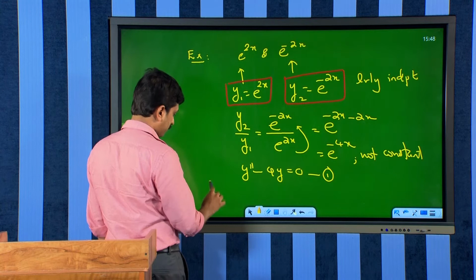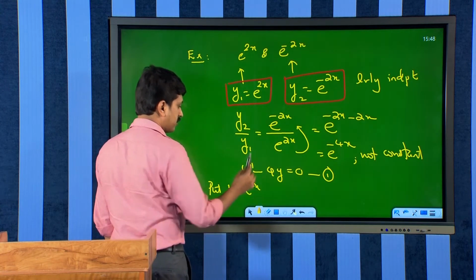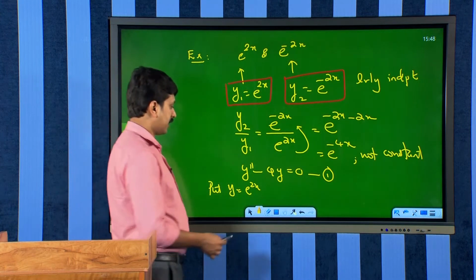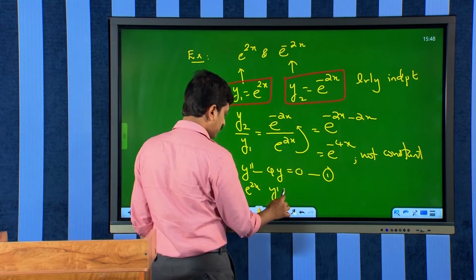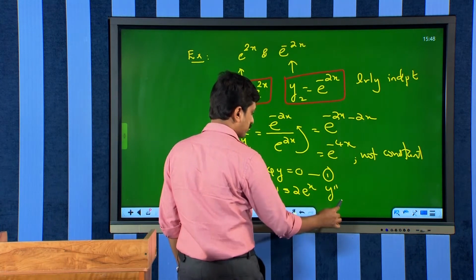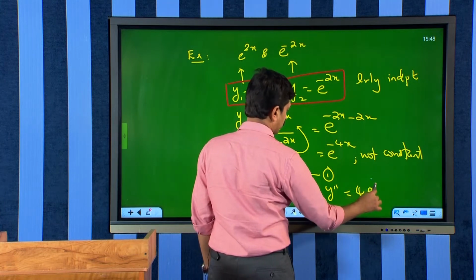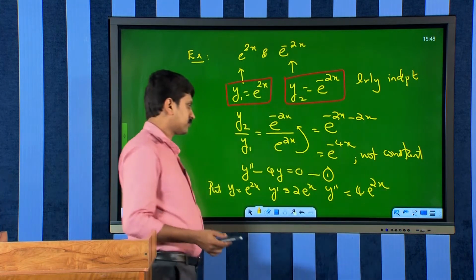Put y is equal to e raised to 2x, and y dash is equal to 2e raised to 2x, y double dash is equal to 2 into 2, 4e raised to 2x.